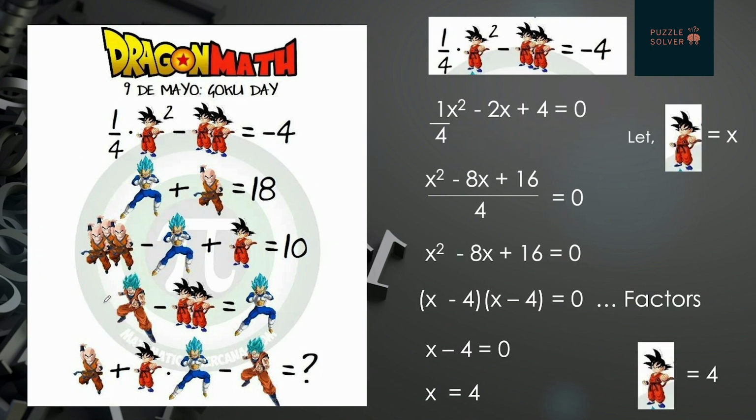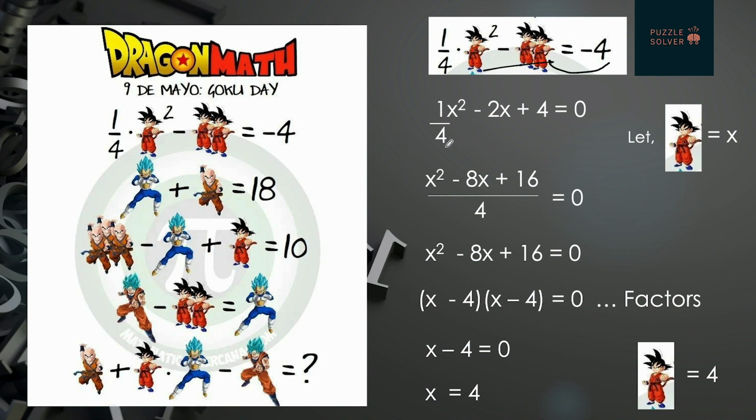Jumping on to our first equation. In the first equation, we have Gohan. Let us consider Gohan equal to x. So the equation will become 1 by 4 x square minus 2x plus 4 is equal to 0.